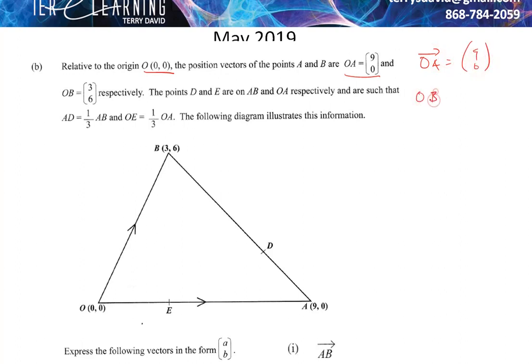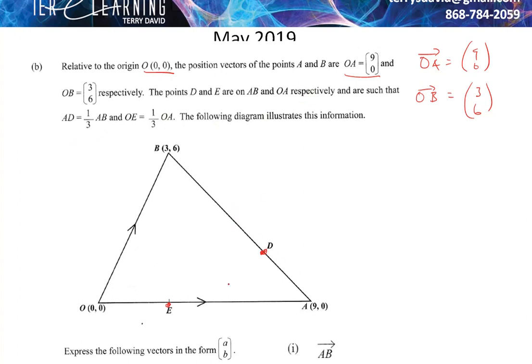OB is equal to 3, 6. And they told us that the points D and E, so this is D, and this is E. They told us AD is 1/3 AB.